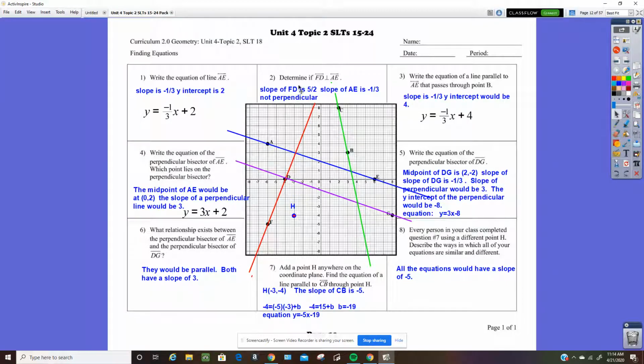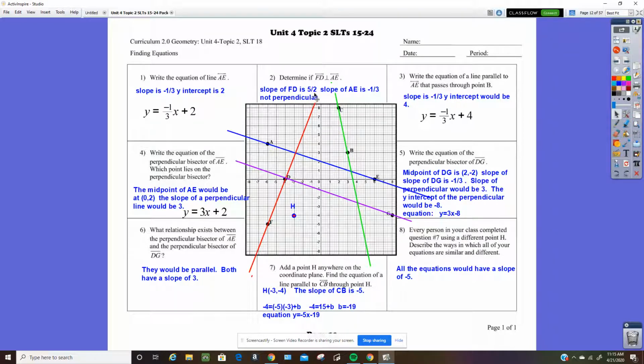Number 2 says determine if FD and AE are perpendicular. So here's FD. If I find the slope of FD, the rise would be 1, 2, 3, 4, 5, and the run is 2. So the slope is 5/2. And AE, we already found the slope in number 1, is negative 1/3.